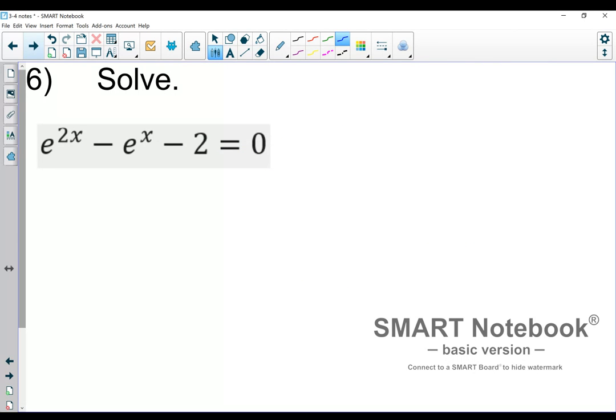We have one last problem. And this probably looks impossible to you, but I want to think about how e raised to the 2x power is really e raised to the x power and then squared. And if that isn't enough, consider if we have, I think the word I want to use is structure.